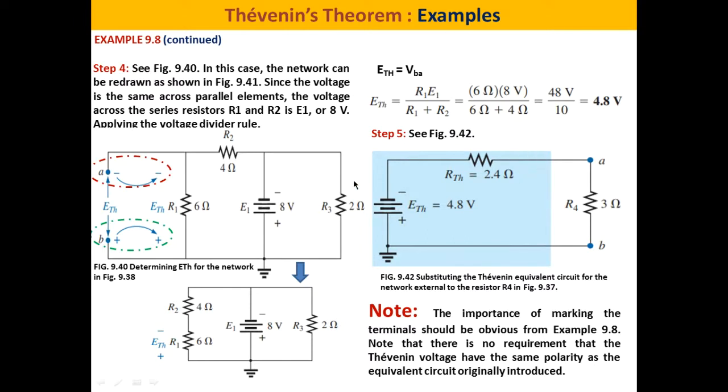So all this is simplified thanks to the application of Thevenin's theorem. Here, the importance is to determine the amplitude of E Thevenin and also determine the polarity, of course. It's very important to know where is the plus, where is the minus. As you can see here, the current is coming from this side, so the plus is in this terminal, and this terminal is minus.